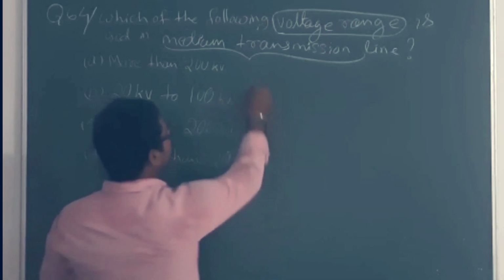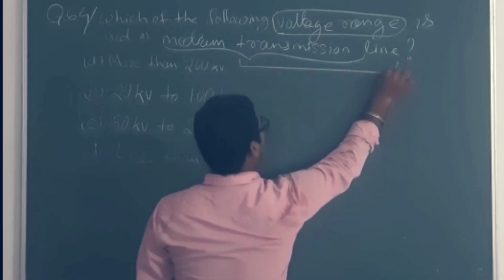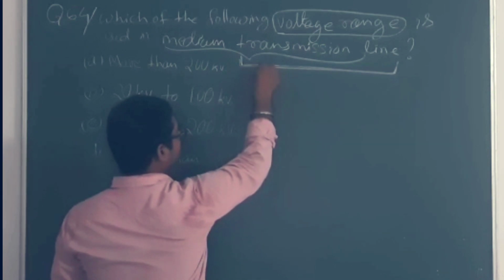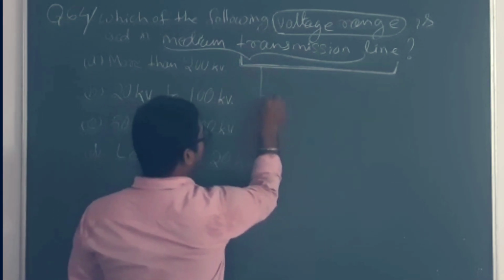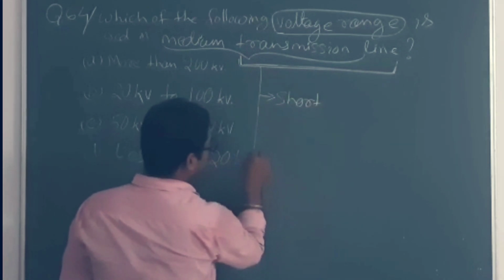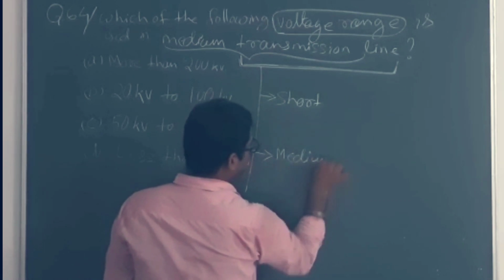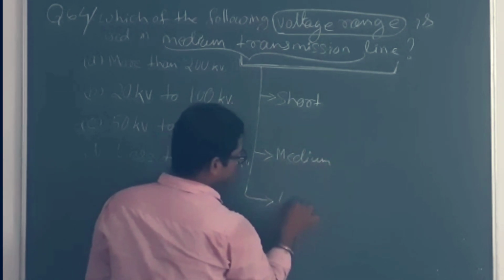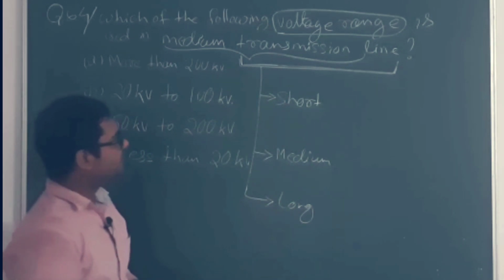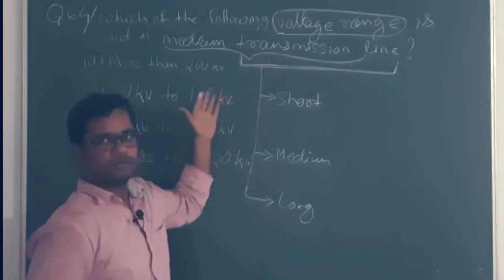In our system, we basically have three types of transmission line. One is the short transmission line, then the medium transmission line, then the long transmission line. These three are divided according to voltage range as well as distance. For easy remembrance, first remember according to distance.